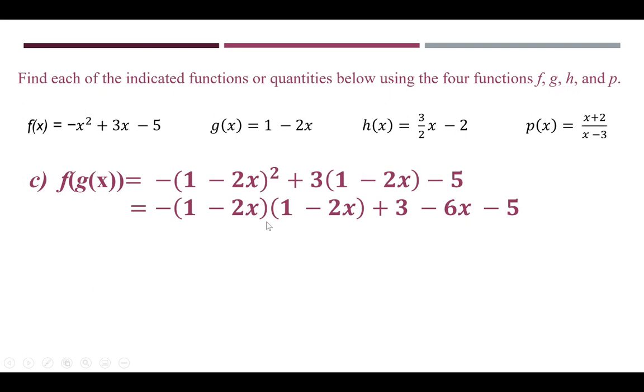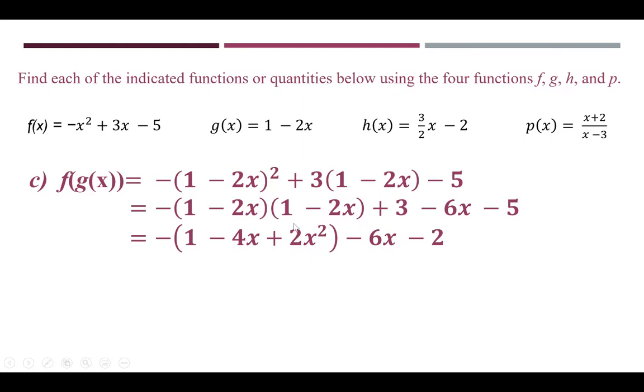I'm going to perform the FOIL by multiplying each of these first two terms by each of these second two terms so that I can get rid of some parentheses here in this expression. When I do so and combine my like terms, I get 1 minus 4x plus 2x squared. Actually, this is supposed to be a 4.